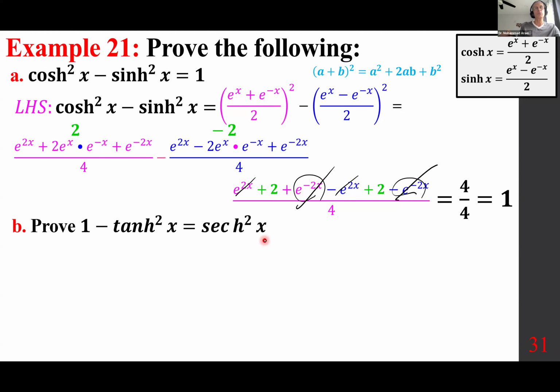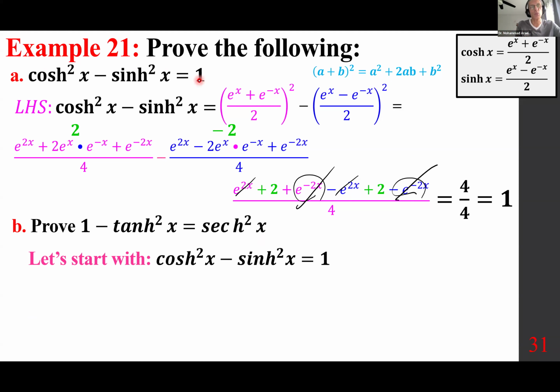And when we wanted to prove the other 2, we started with that one. So we're going to start with this one in the same manner. In that case, we divided both sides first by sine squared, we proved one of them. Then by cosine squared, we proved the other one. And since we want to prove this one, we're going to make this one 1.